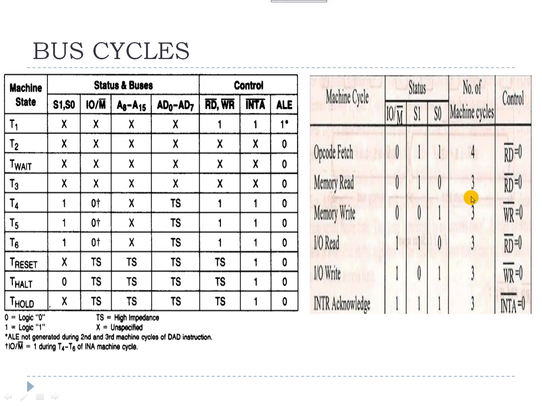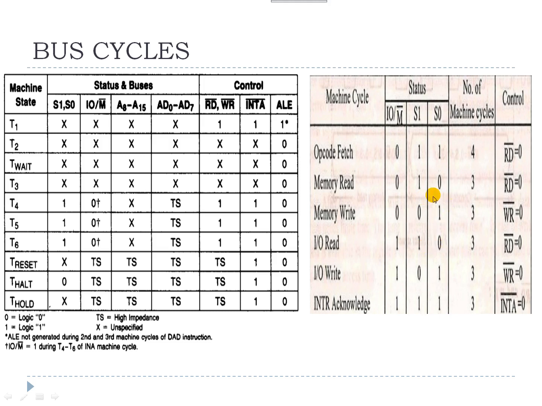Since this is read, you have 0 1, and since it is write, you have 1 0. Notice that this is S0, this is S1, and I am reading from here to here. For opcode fetch it is 1 1. For read you have 0 1. For write you have 1 0.